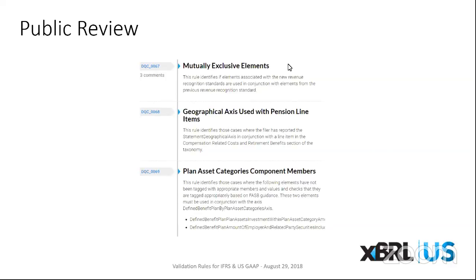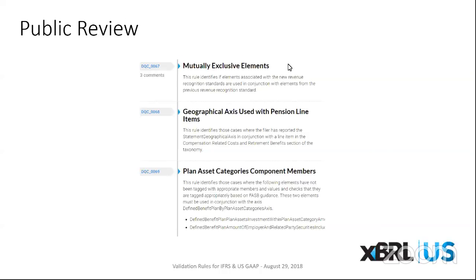The second rule here, you can see Rule 68, is geographical axes used with pension line items. This is really to make it much, much cleaner for investors and users of the data to understand what the pension assets are that are held in the pension funds.